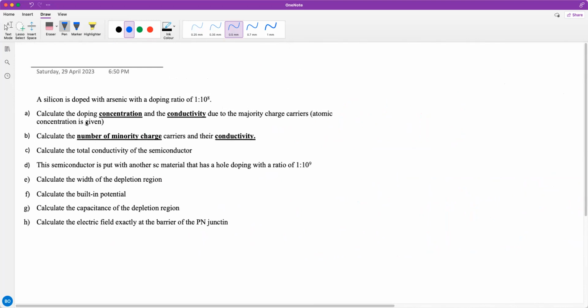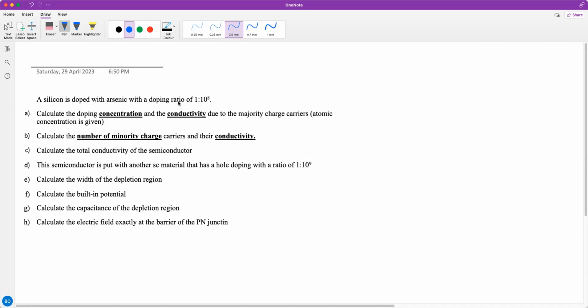Now, the first part I want to talk about is the first part that I gave in the exam. For example, one of the questions was: a silicon is doped with arsenic with a doping ratio of 1 in 10 to the 8.